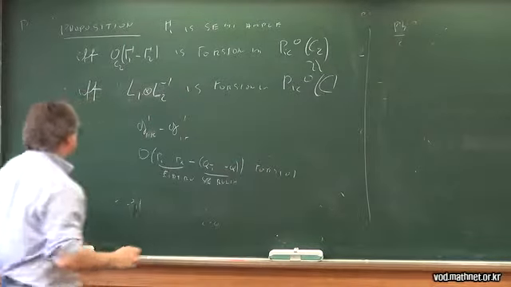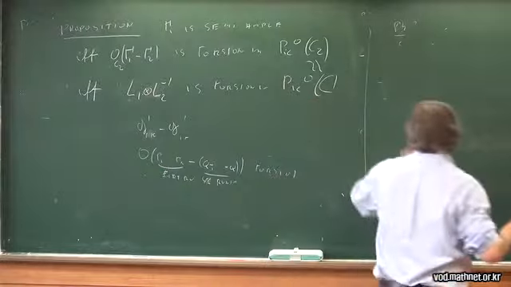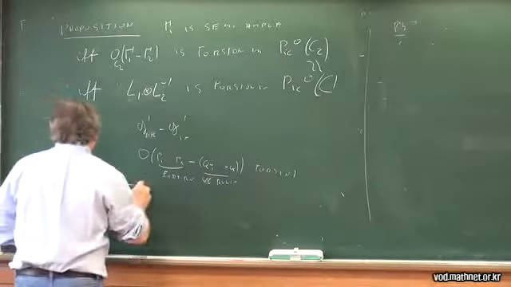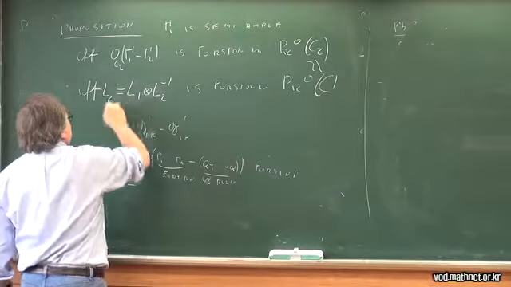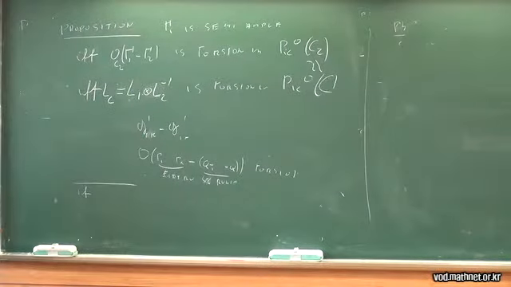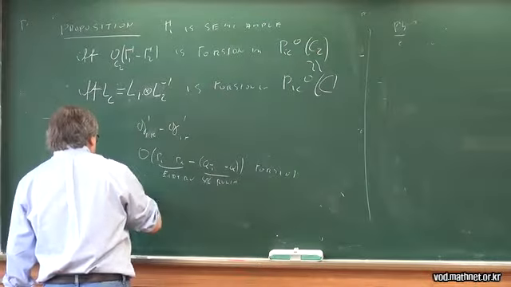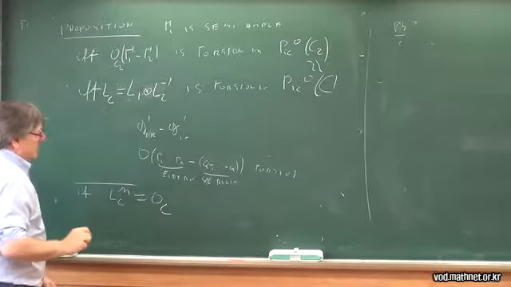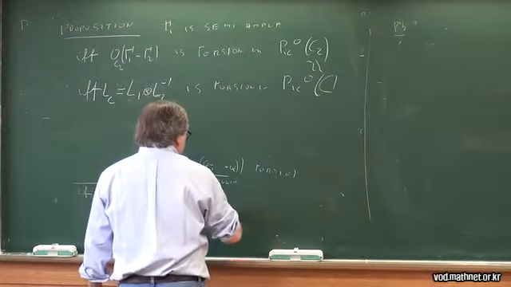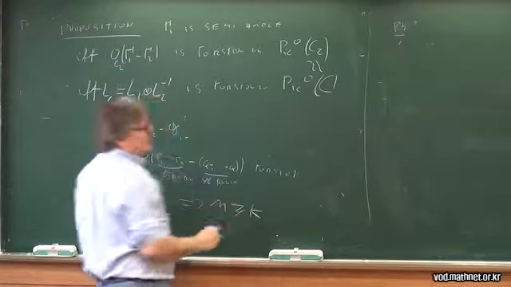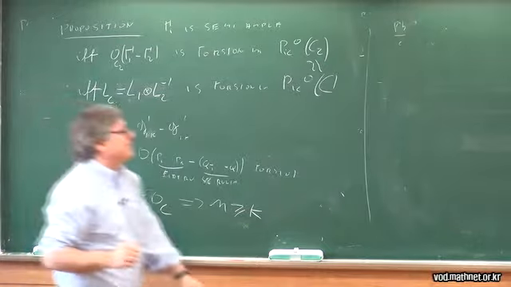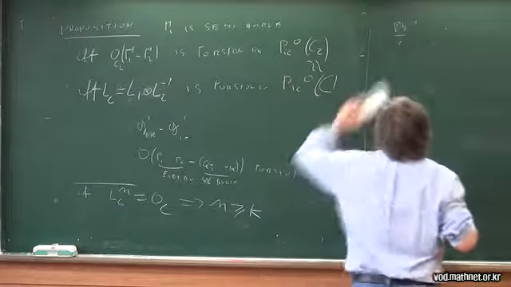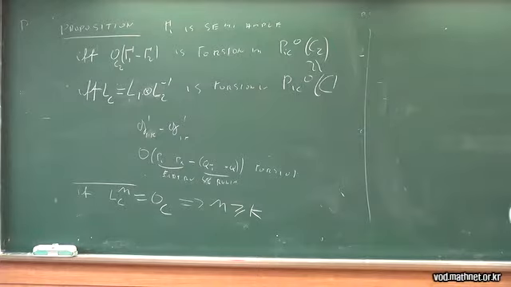And if this happens, let's call this LC, just the difference of the two rulings. If LC^n is equal to OC, then n should be bigger or equal than K. For the non-trivial, it cannot be smaller than K. Okay. This is the result, and the consequence of this result is the following.